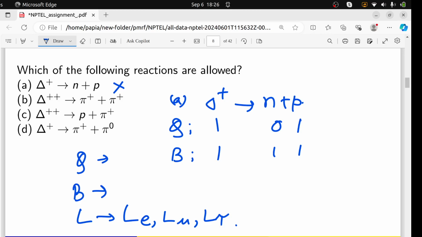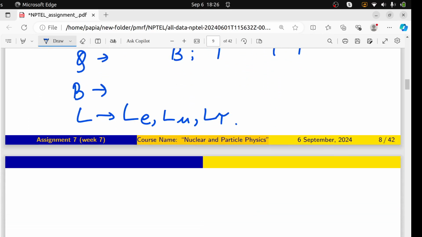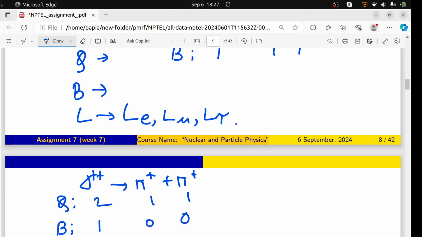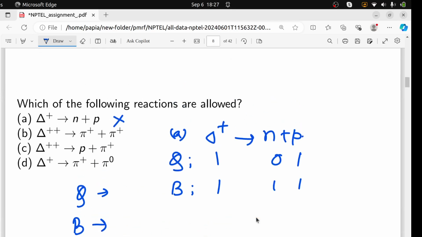Now delta plus going to pi plus pi plus. Again Q is satisfied, 2, 1, 1. What about baryon number? This is a baryon, these are not baryons because they are mesons. So delta B is not equal to 0, and that is also not going to happen.